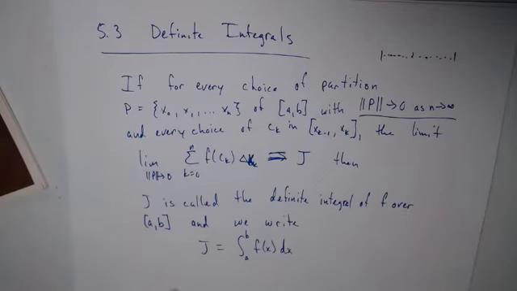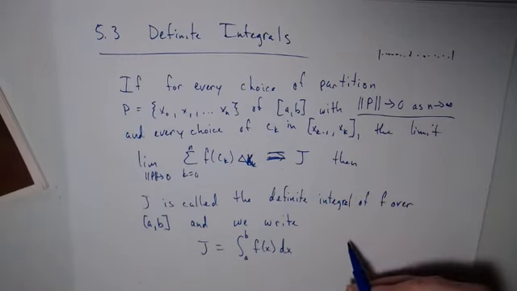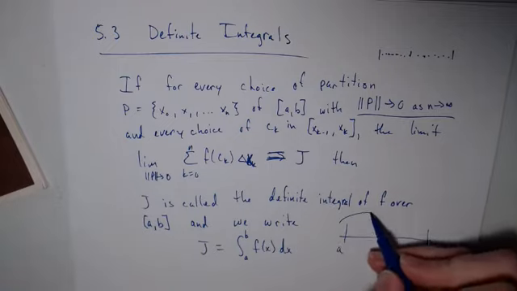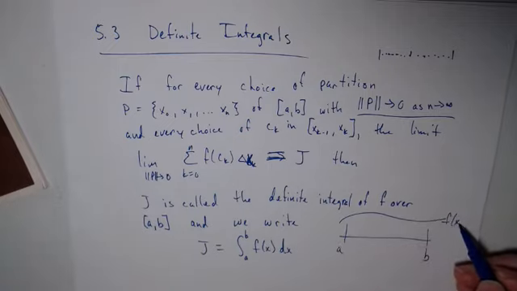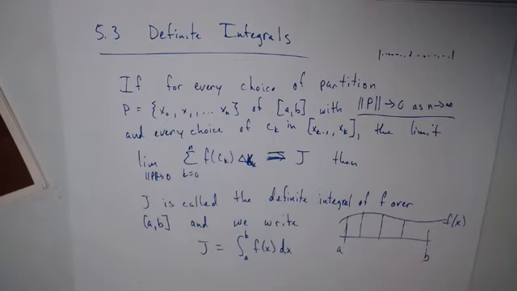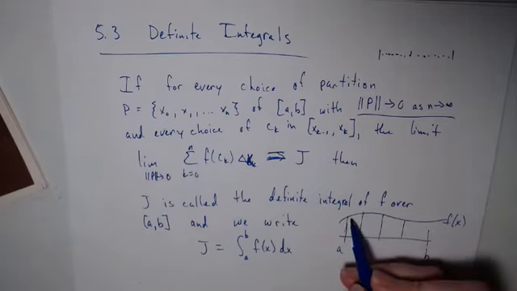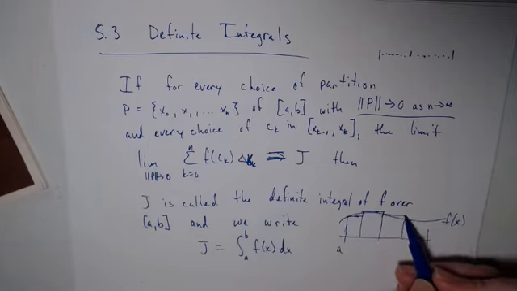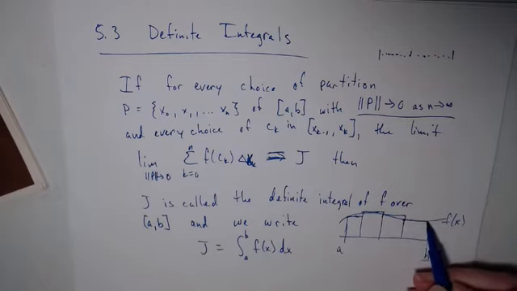And so remember that a specific choice of this was modeling what happened between a and b. Here's a 4 rectangle choice, let's take left endpoints just because they're easy to draw here.